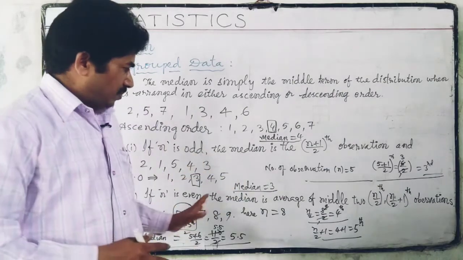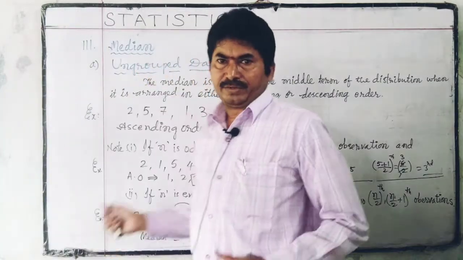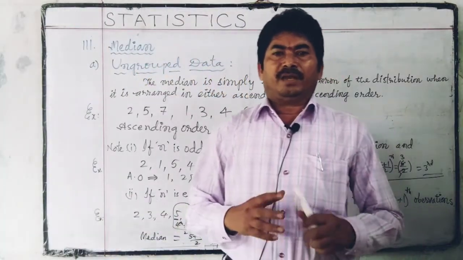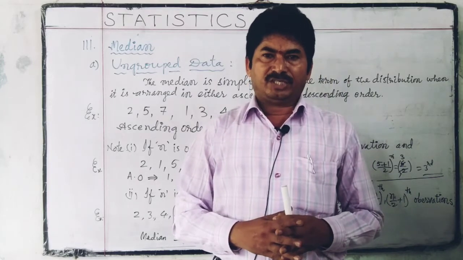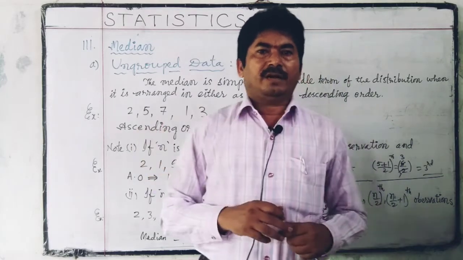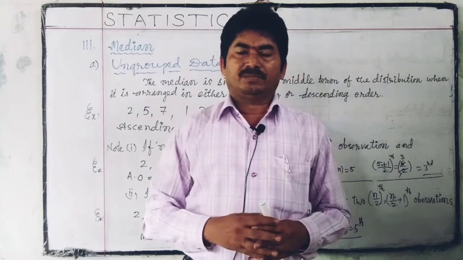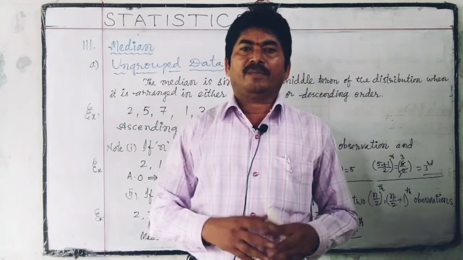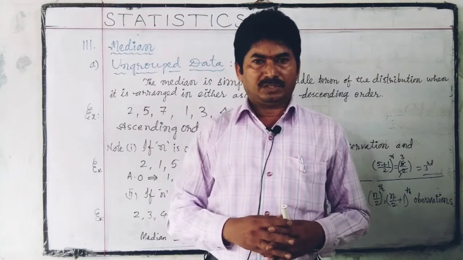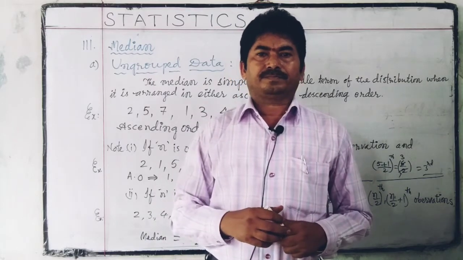What we understood after completing this: if there is an odd number of observations, exactly the middle one is the median. If there are even observations, we have to take the average of the middle two terms as the median.